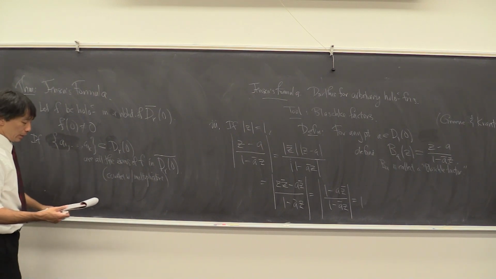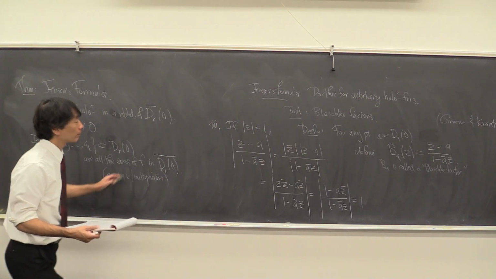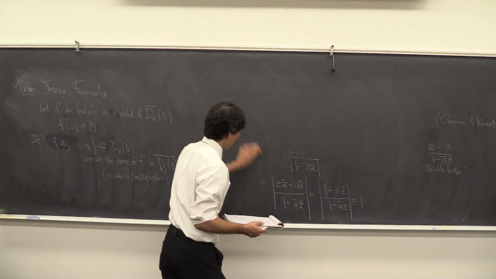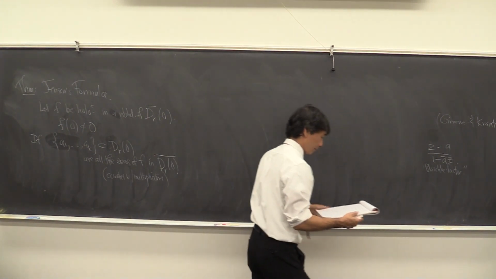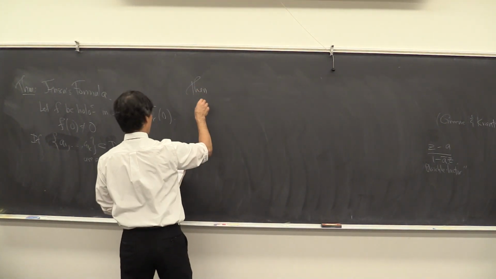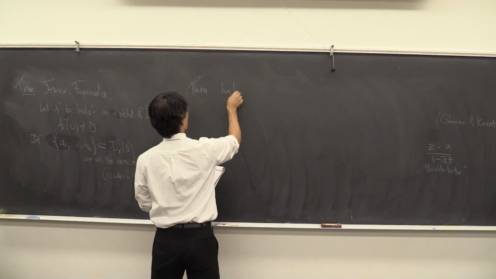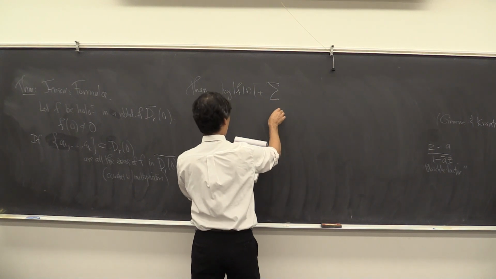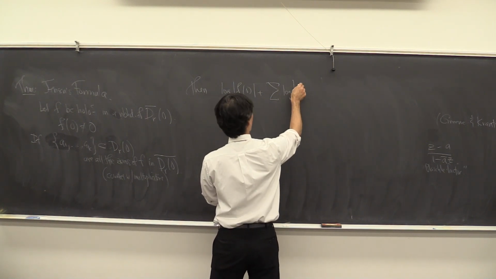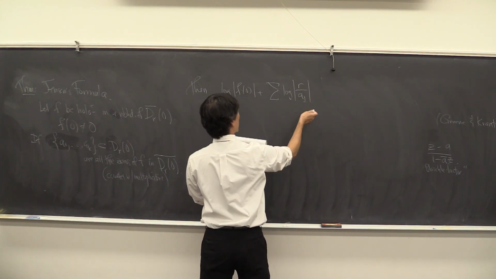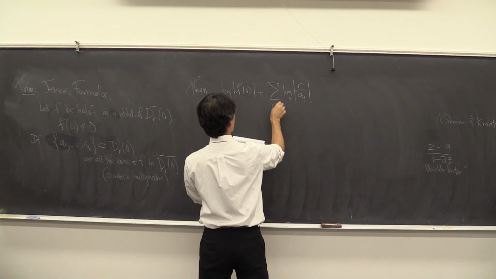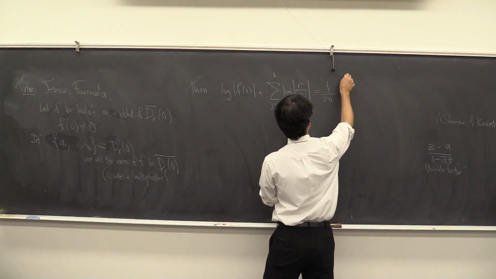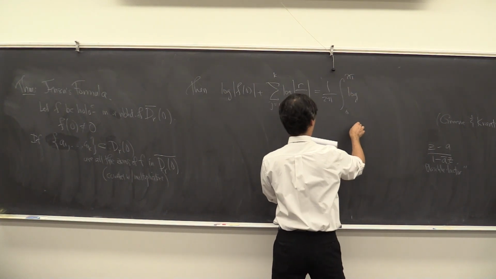So if there are multiple copies, you just count them as additional zeros. Then the following formula: log of |f(0)| plus the sum of log of r over |aj|, as j goes from 1 to k, equals the mean value.